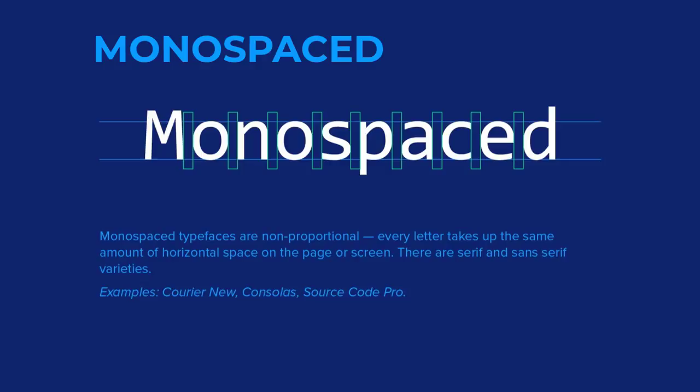That is, every letter takes up the same amount of horizontal space on the page or screen. It's worth noting that there are serif and sans serif varieties of monospace. Examples of fonts that fall into this category are Courier New, Consolas, Source Code Pro.